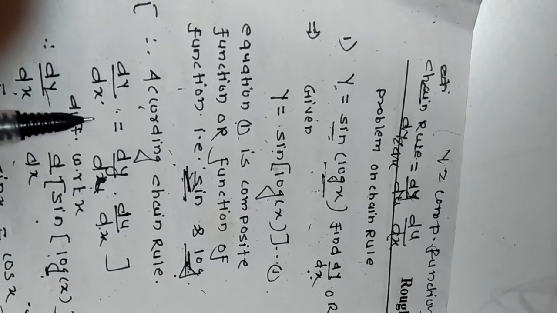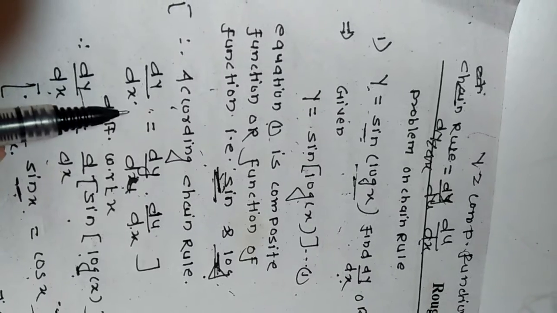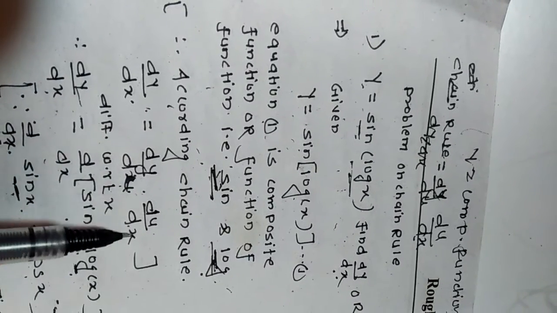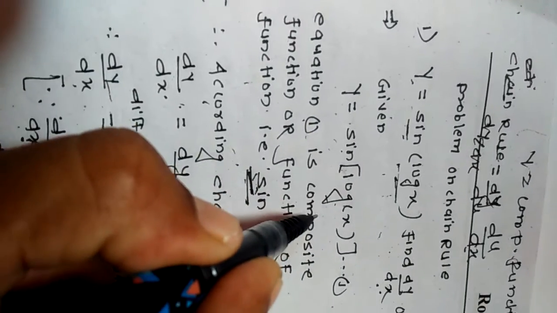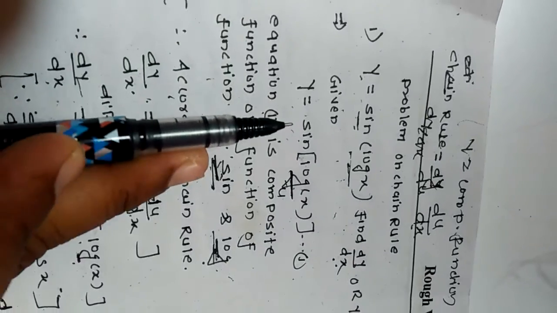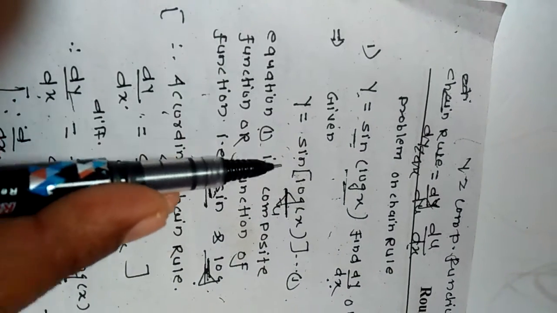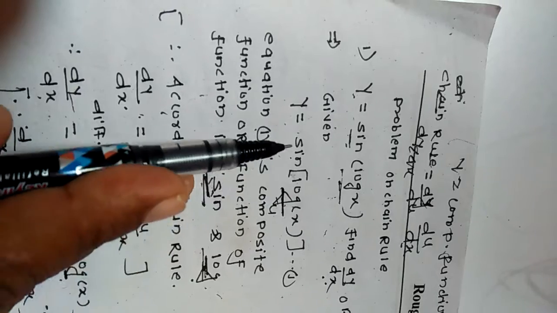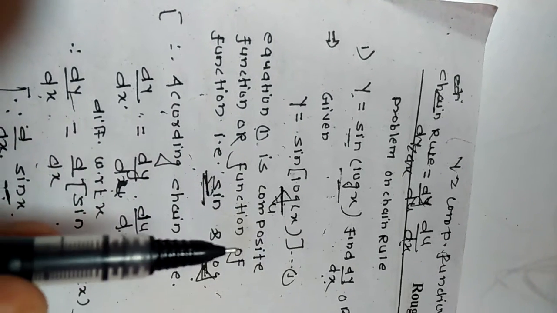Now according to the chain rule, dy by dx equals dy by du times du by dx. Here, instead of log x we put u. Then dy by du equals derivative of sin u, which is cos u.